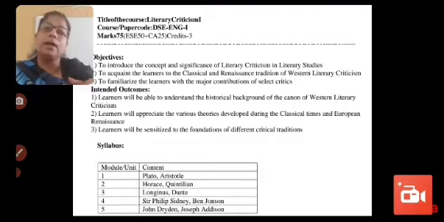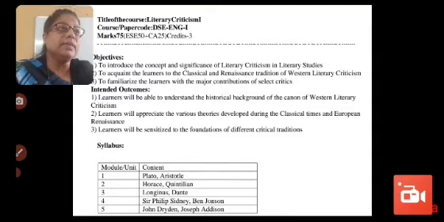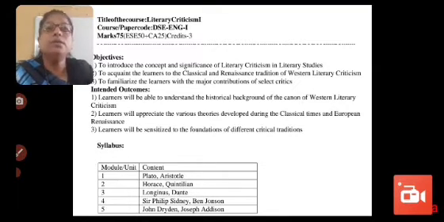And there started a period which is known as the Renaissance, that is the rebirth of knowledge, the revival of knowledge belonging to the classical Greco-Roman civilization, classical Greco-Roman traditions. So here we are introduced to the classical and Renaissance tradition of Western literary criticism.